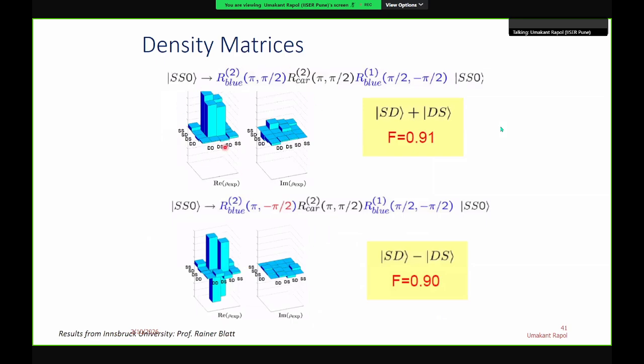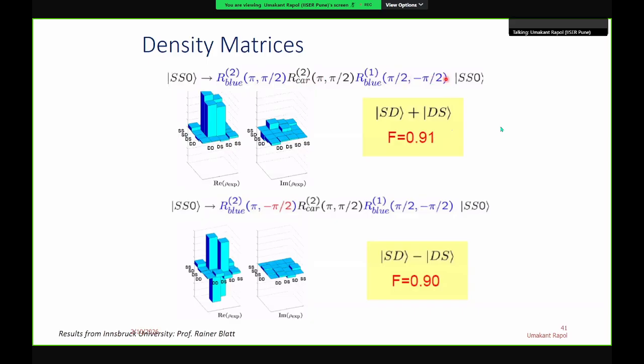Now you can then do a complete tomography of the state, and these days the fidelities are much higher than this. They are close to 99%, more than 99%. These are older results.